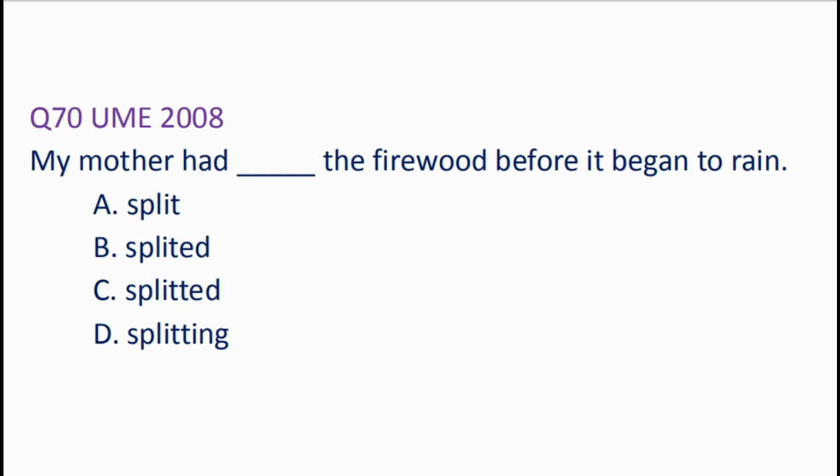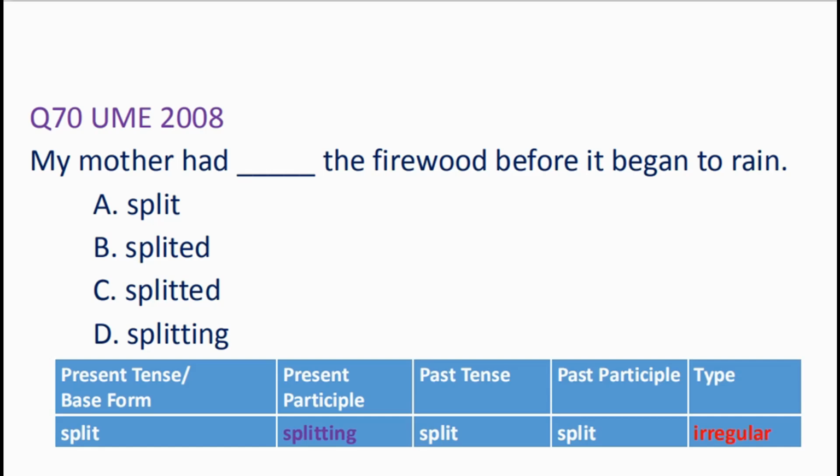Question 70, UTME 2008. My mother had split the firewood before it began to rain. Split, splitted, splitting. What is the past participle of split? My mother had. The verb that will follow had is going to be in the past participle.